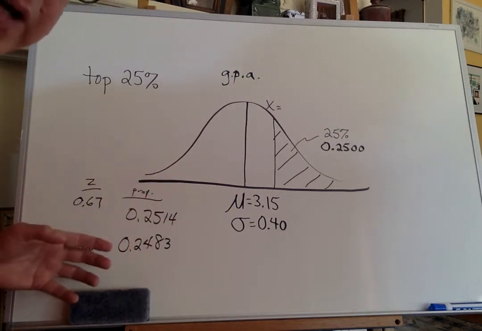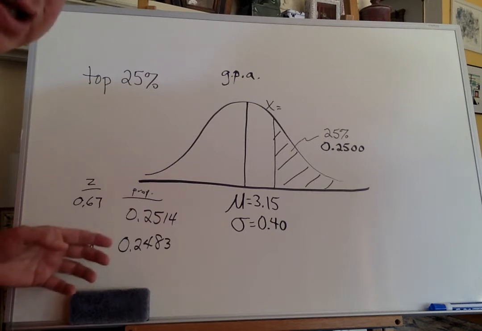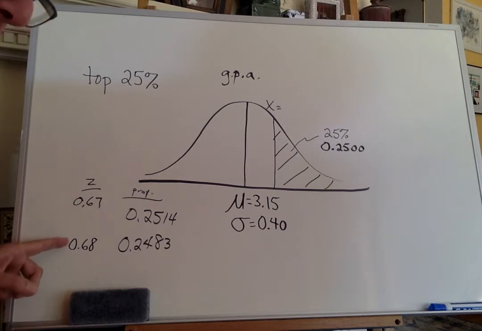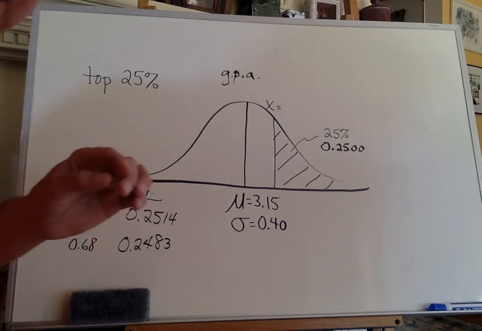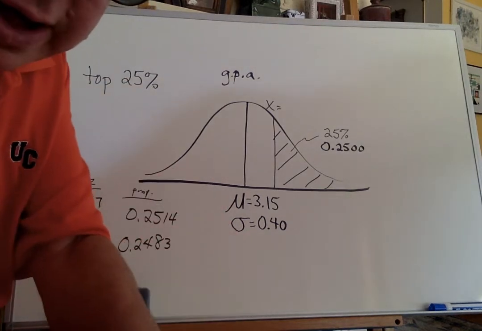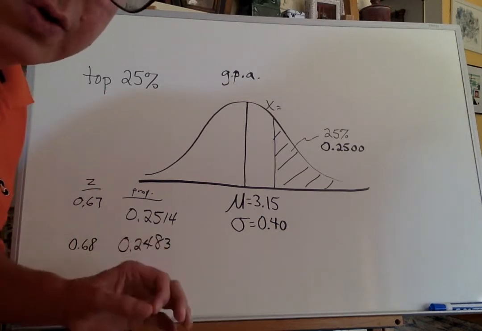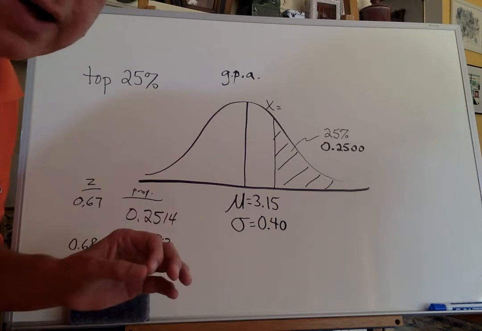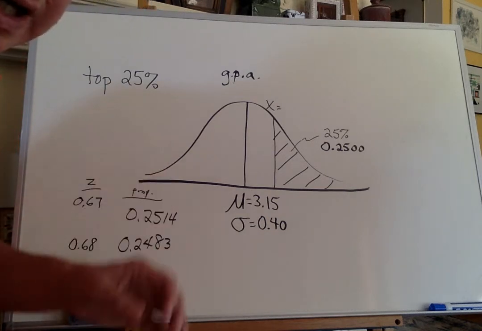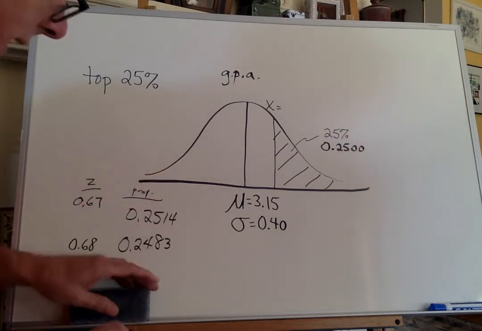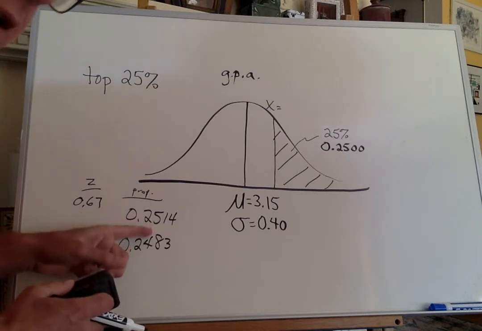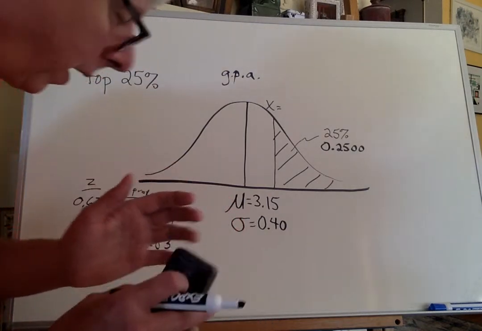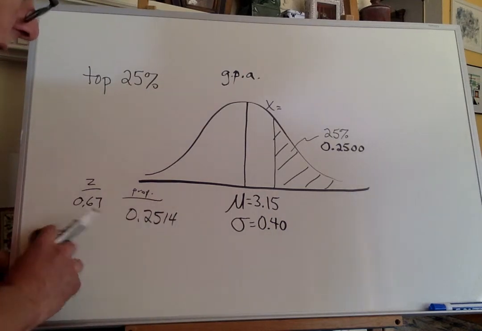We could do interpolation, if we wanted to get that exact number, somewhere between 0.67 and 0.68. I'm going to assume right now that you could do that interpolation if forced to do it, okay? But we don't want to get too bogged down in that, so let's just use something close, okay? I'm giving us a little bit of a break here, okay? Let's just use the closest one.